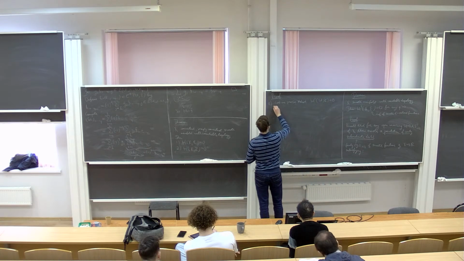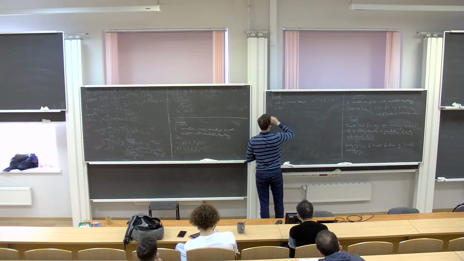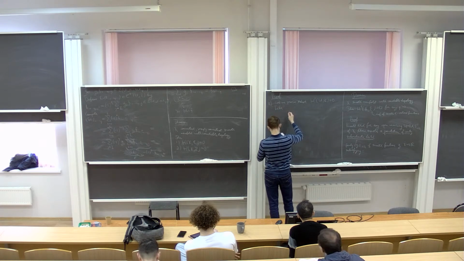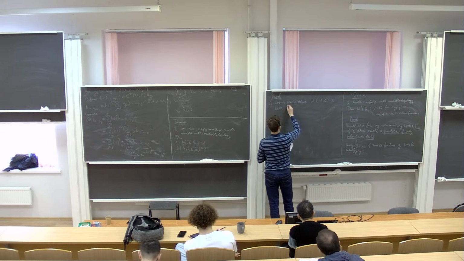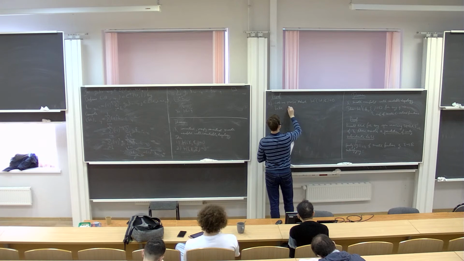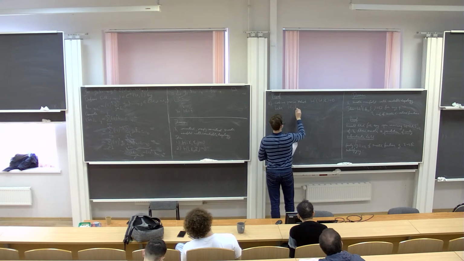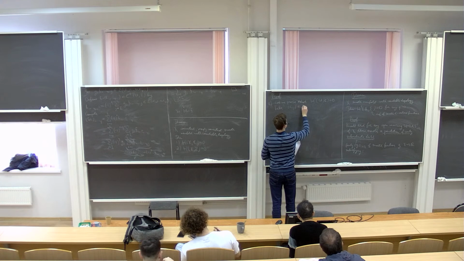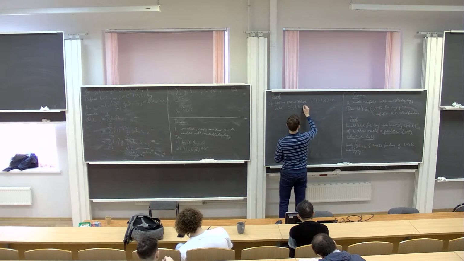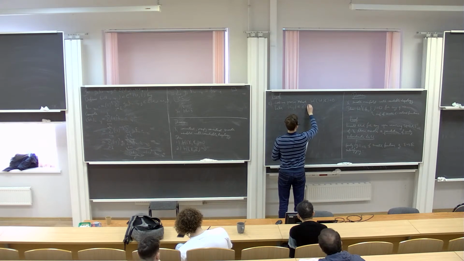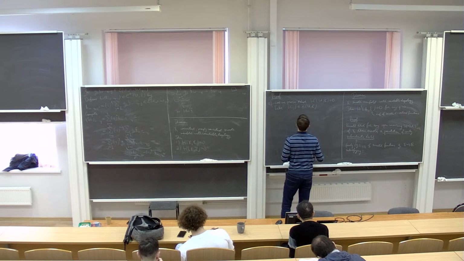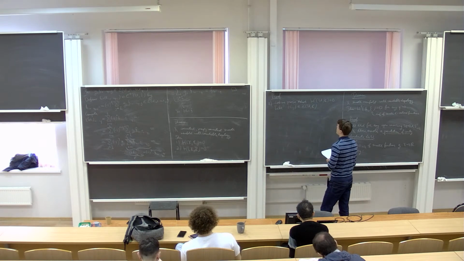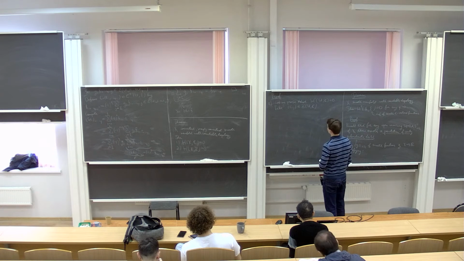So we take again some cocycle c_ij in Z1 of U, C.